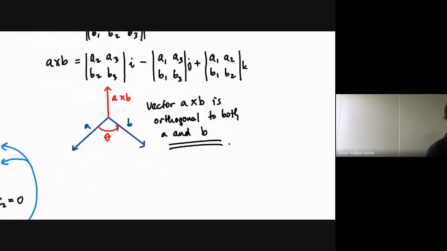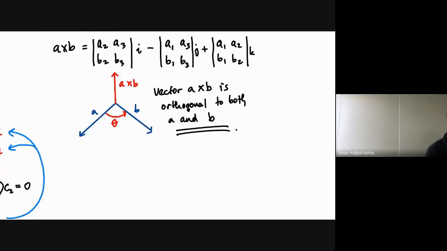How to prove it? Just dot the cross product with A or B. So for example, we can compute A cross B dot A.